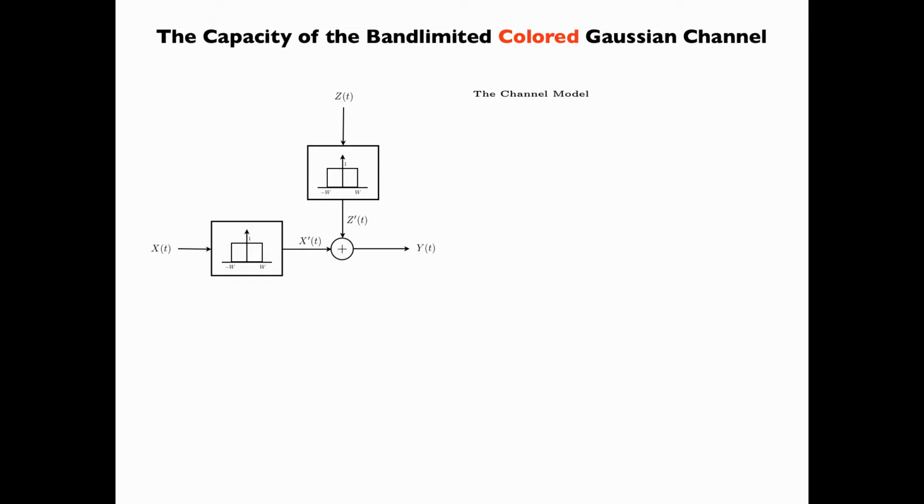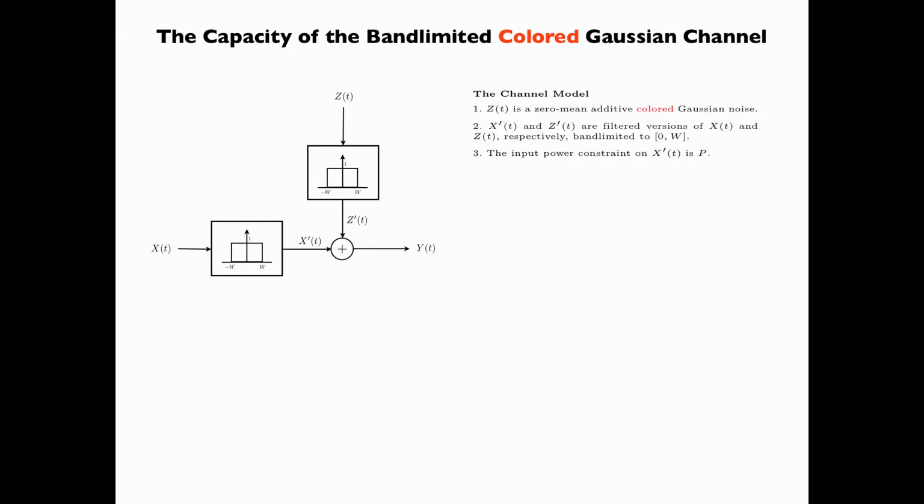Before we derive the capacity of the band-limited colored Gaussian channel, let us first recall the assumptions of the channel model. Z of t, the noise process, is a zero-mean additive colored Gaussian noise. X prime of t and Z prime of t are filtered versions of X of t and Z of t, respectively, both band-limited to the interval [0, W].